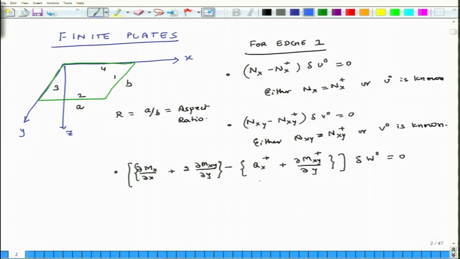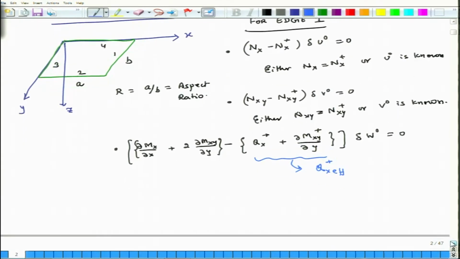And if you remember, we had said that this term is called qx effective, and it is acting on the positive edge. So, I am putting a superscript plus. So, what it means is that either qx effective equals this thing, partial of mx with respect to x plus twice of del mxy over del y, or w naught is known.